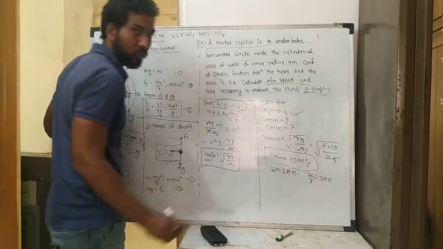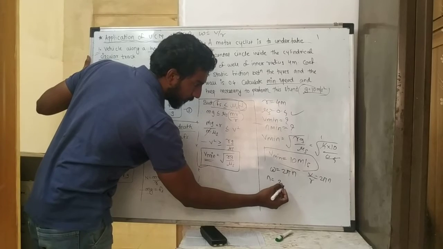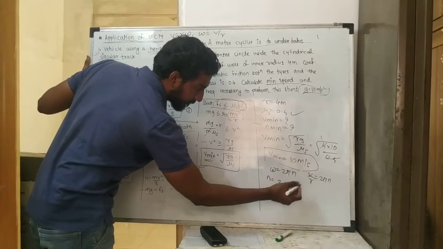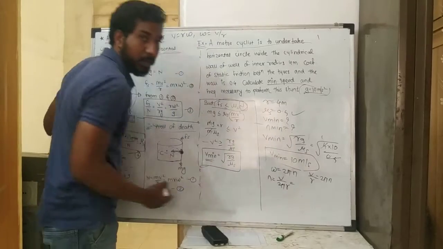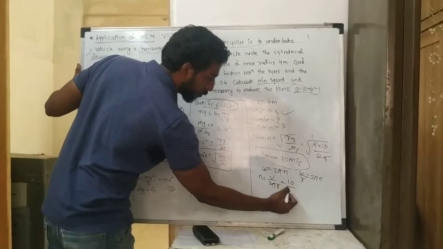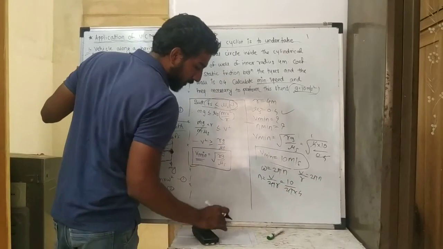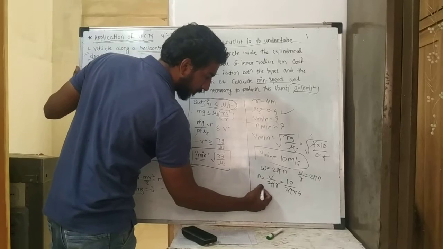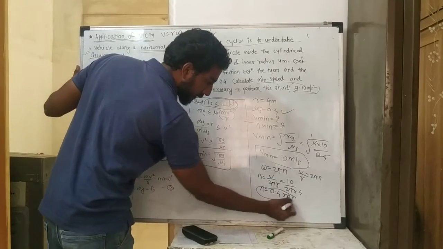But we are interested in calculating n here, so n will be equal to v upon 2 pi r. The value of v is 10, 2 pi r, and r is again 4. By calculating all this, we get the value of n as 0.4 rotation per second.